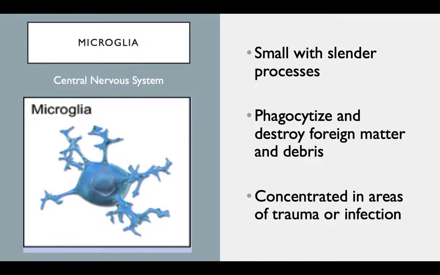The next glial cells are microglia. Micro means small. They are named this because they are small cells with slender processes. Microglia phagocytize and destroy microorganisms, foreign matter, and dead nervous tissue. They are made from white blood cells or monocytes. They have probe-like extensions that seek out cellular remains or debris.